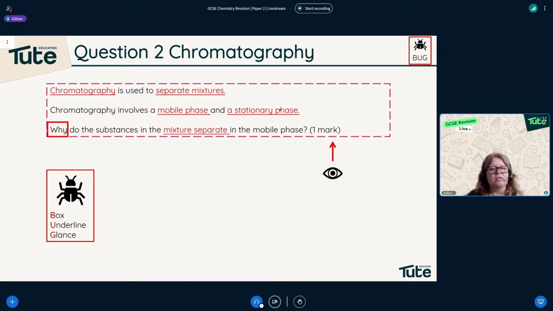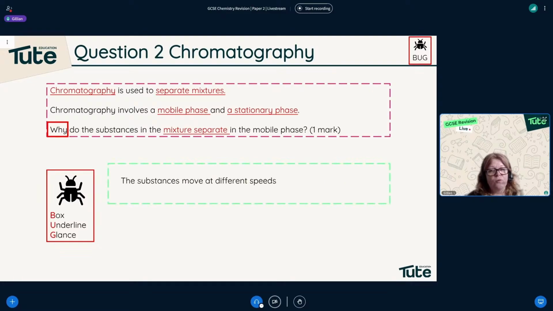So these 2 phases, but our question is asking us, why do the substances in the mixture separate in the mobile phase? Well, the different dissolved substances in a mixture, they are attracted to the 2 phases in different proportions, and this causes them to move at different rates through the paper.